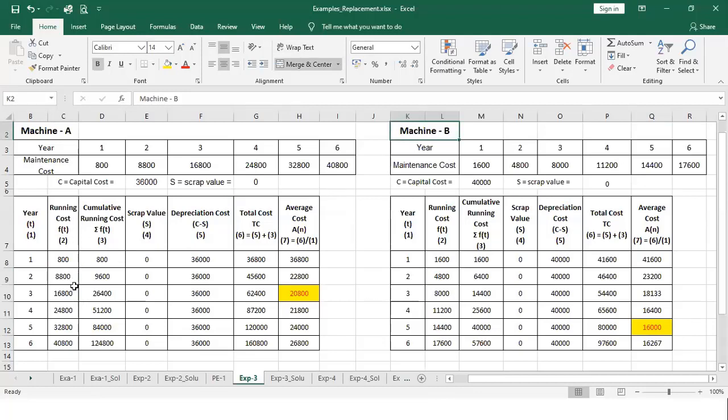Because the maintenance cost is higher than the average running cost of machine B. So it is advisable to change machine A rather than using it for the third year, where I have to spend 800 rupees compared to the 16,000 rupees average cost.